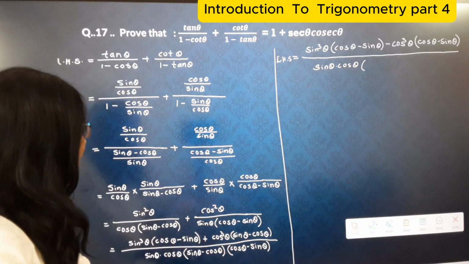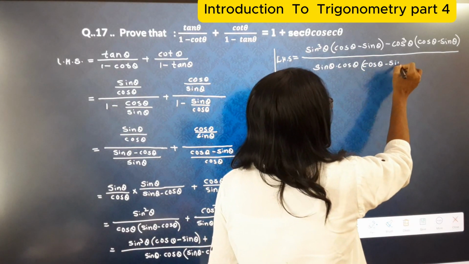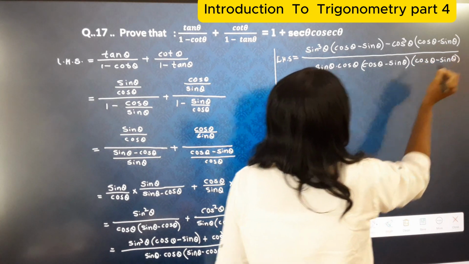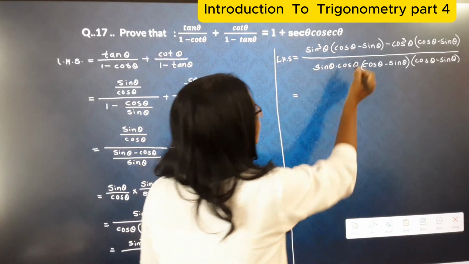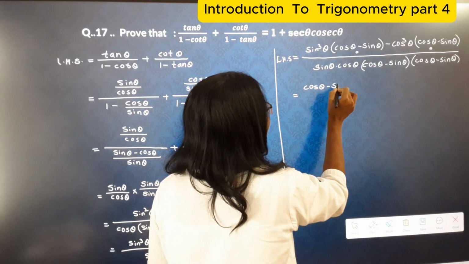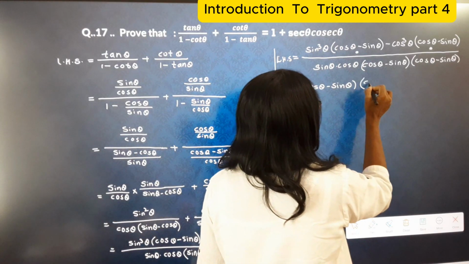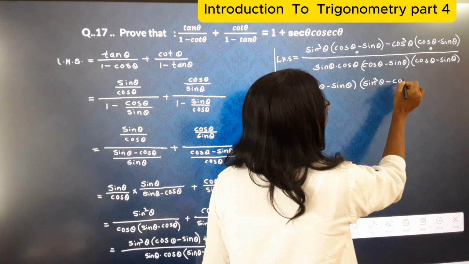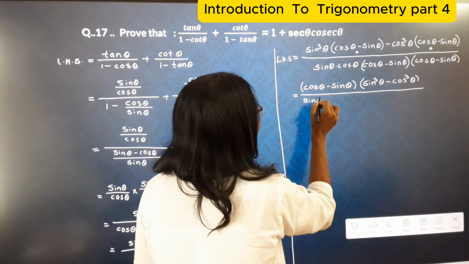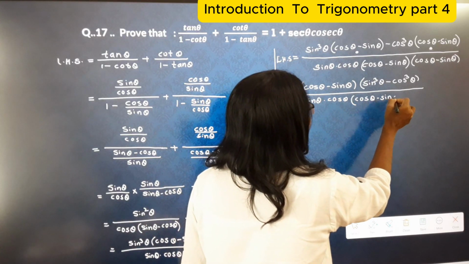in the first bracket we write cos theta minus sin theta, and in the second bracket cos theta minus sin theta. So students, cos theta minus sin theta is common, so take it out in the first bracket, and in the second bracket we write the remaining term, that is sin cube theta minus cos cube theta, then divided by sin theta multiply cos theta, the cos theta minus sin theta.